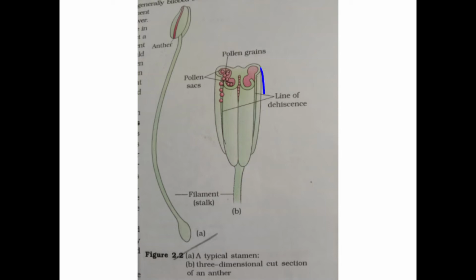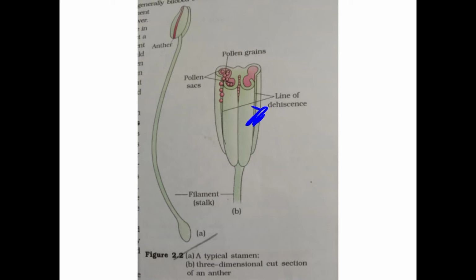You can see a longitudinal fissure, a line of dehiscence, that separates the two theca of each lobe.